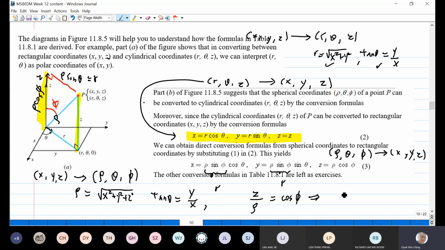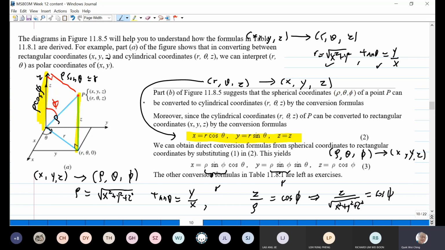Okay, that means z over the square root of x squared plus y squared plus z squared is equal to cosine of phi. Okay, this is how you find the angles rho, theta, and phi.